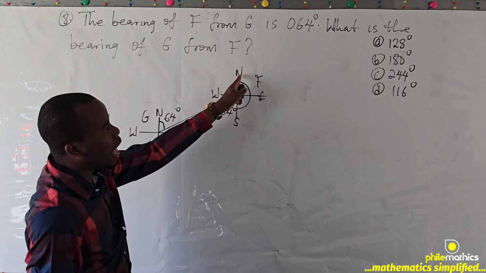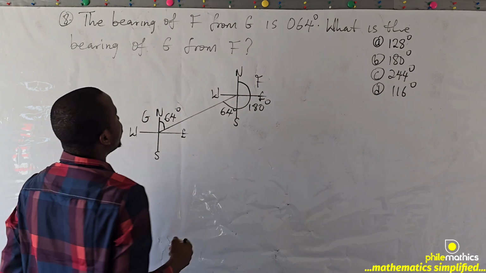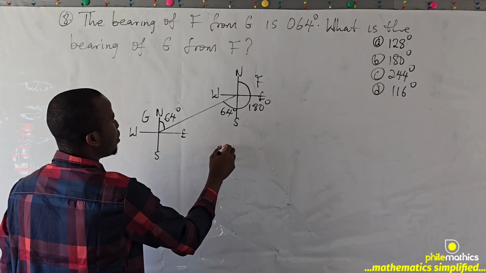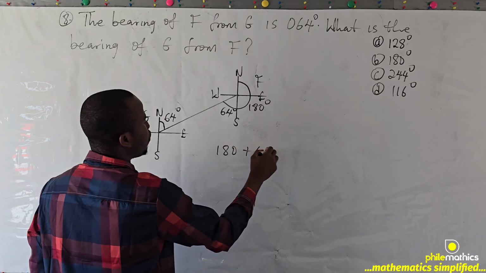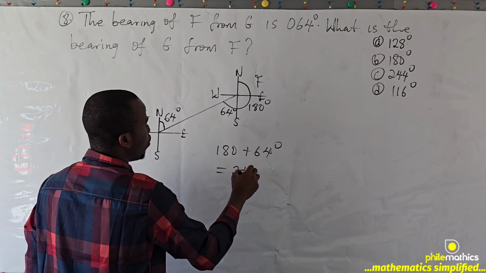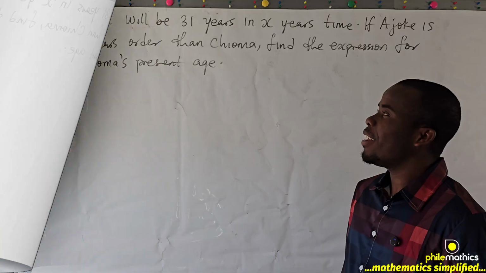And we know this is angle on a straight line, which is 180 degrees. So the bearing of G from F is simply 180 plus 64 degrees, which is 244 degrees. And that's C.